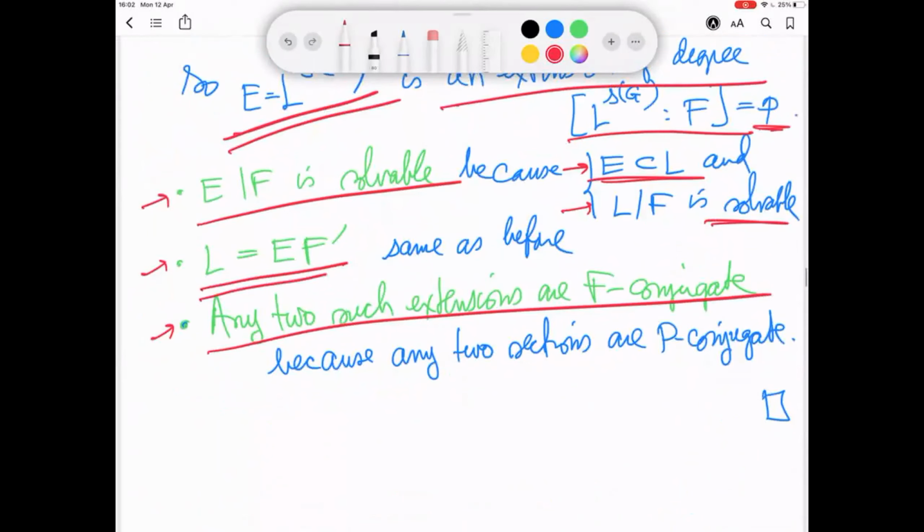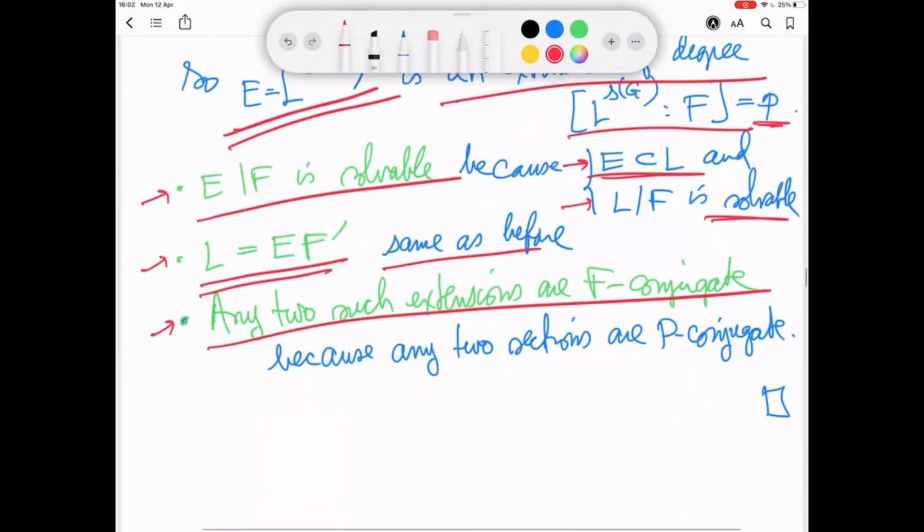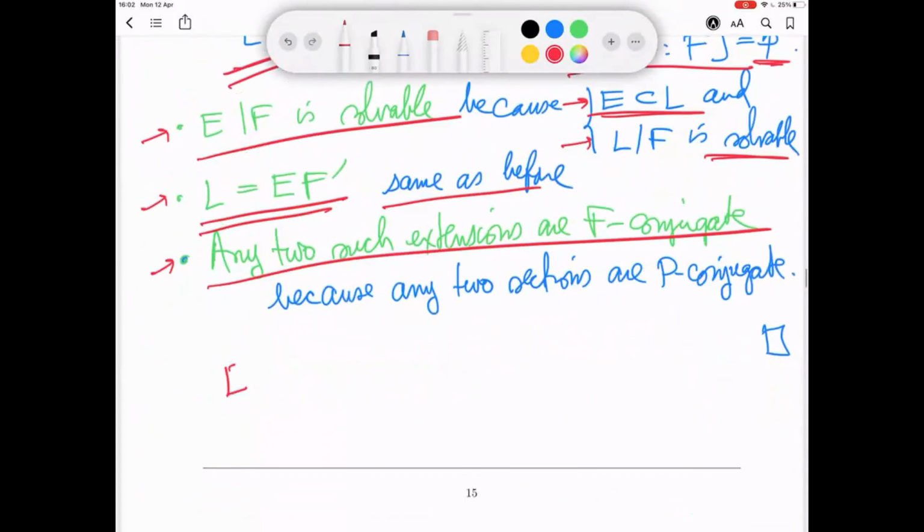Now, why is L equal to E F prime? This is the same as before. You have E and you have F prime. This is of degree p. This is of degree D, which is prime to p. So they are linearly disjoint, and therefore their compositum E F prime is of degree p times D, but this compositum E F prime is contained in L, which is given to me.